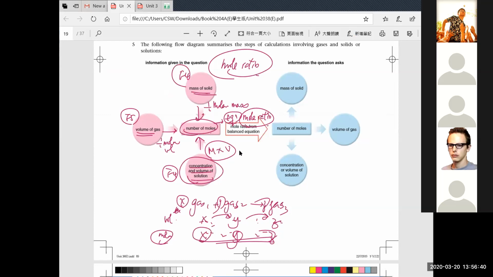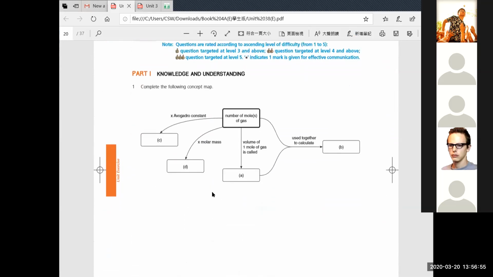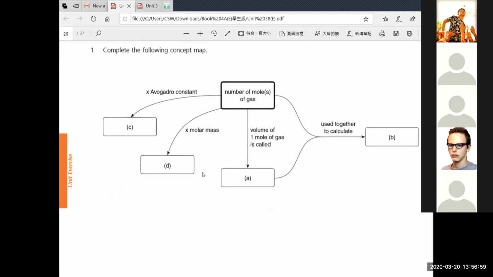This one is of using the formula: volume over molar volume gives mole. Now, we have got several formulas. For those who just come here and feel not comfortable, recall your memory.